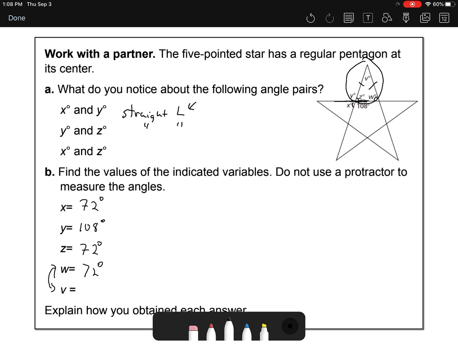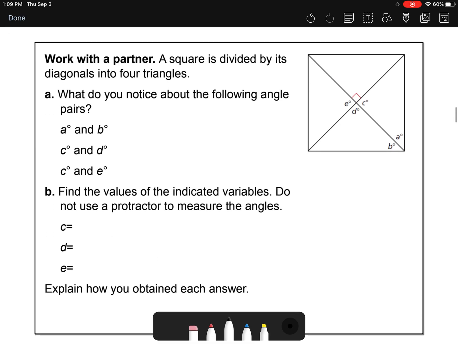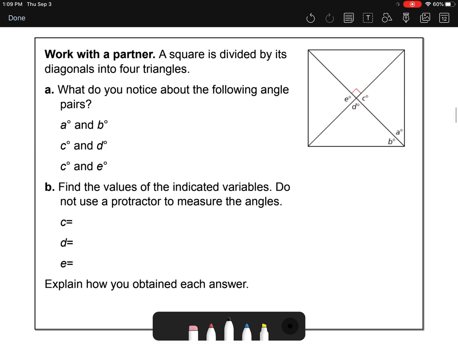So what do you know about angles Z and W? They're also equal. So 72 plus 72 is 144. If you subtract 144 from 180, because it's a triangle, there's 180 degrees in a triangle, you have 36 degrees. Now these two might be out of our range of thought at this time, and that's okay. Just want to get you thinking.